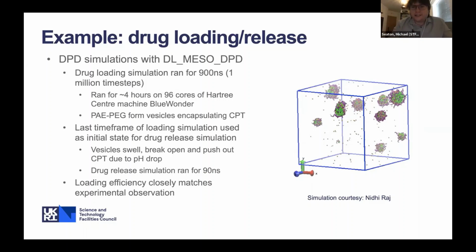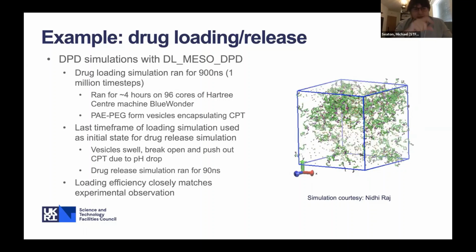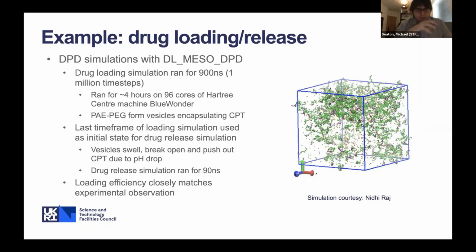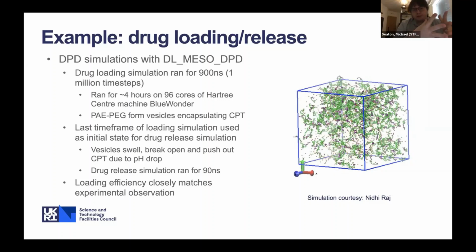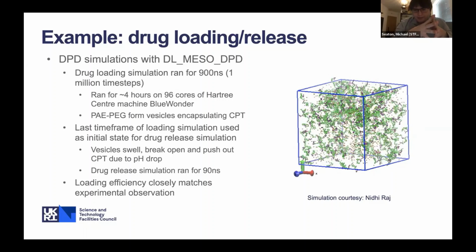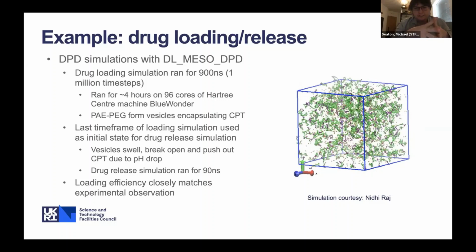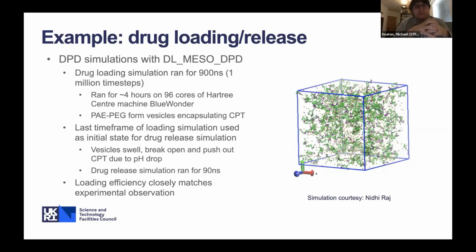And you can see that the effects of changing the interactions between polyamino ester and everything else means that those vesicles swell, break open, and push out the drug. And the people who carried out the original research found that the amount of camptothecin being loaded into the vesicles matched experimental observation.